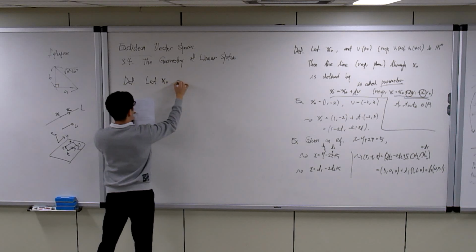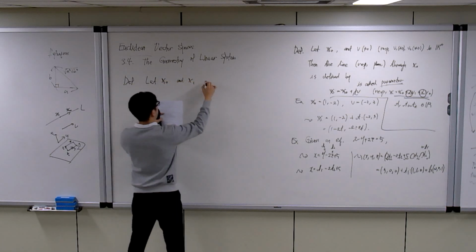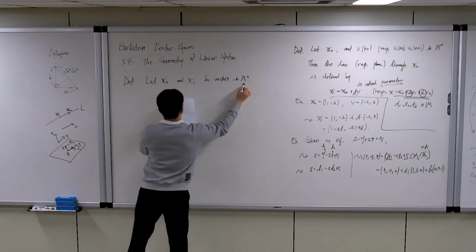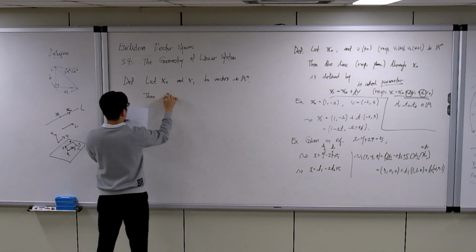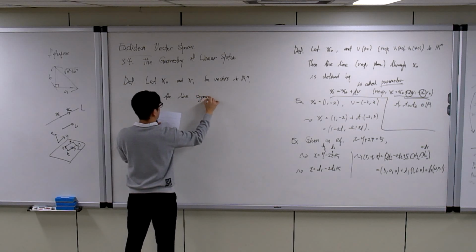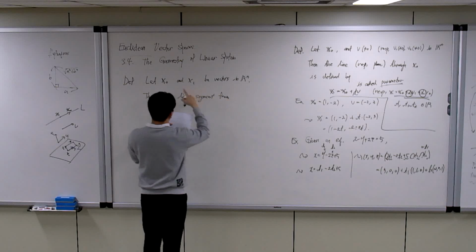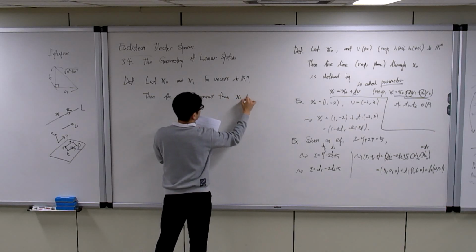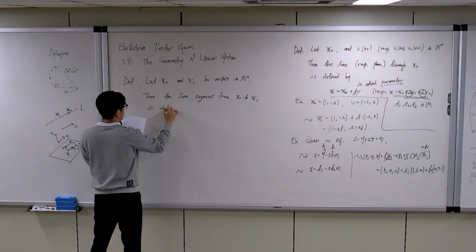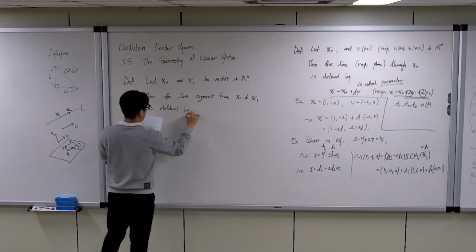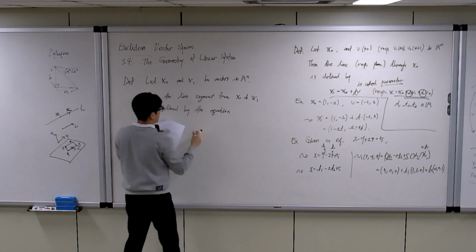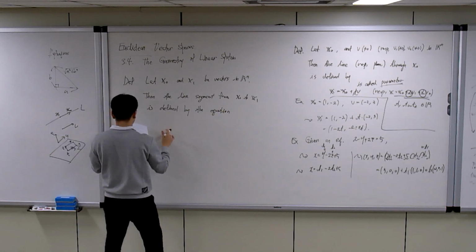Let x0 and x1 be vectors in R^n. Then the line segment from x0 to x1 is defined by the equation having a limited domain of parameters.